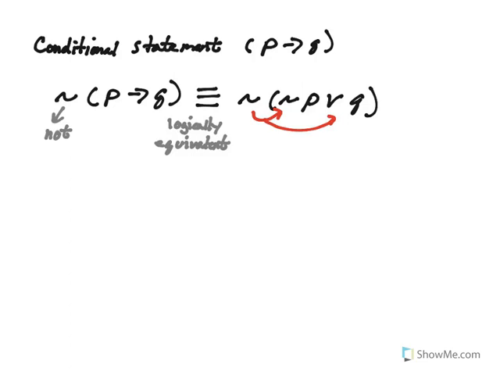The V is the or, and believe it or not, if you have not P or Q and you negate it, that's the equivalency of the negation of a conditional statement to the left of this statement here. So when we distribute that, this is the same thing as saying not P.